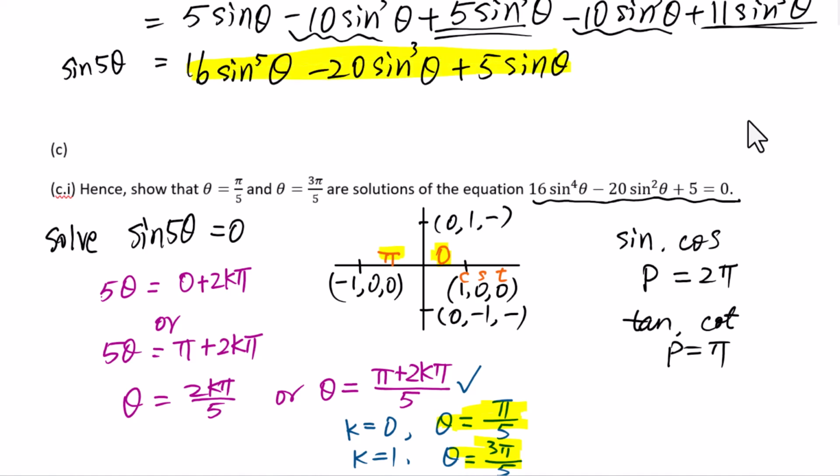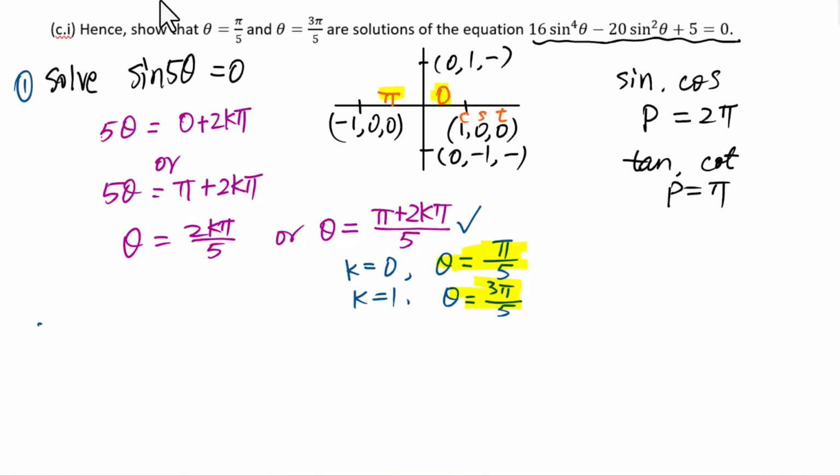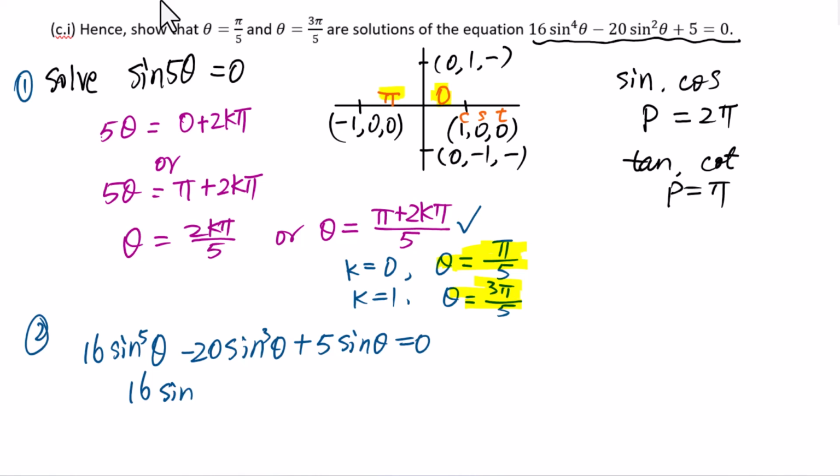So we get 16 sin^5 θ minus 20 sin^3 θ plus 5 sin θ equals 0. Divide by sin θ on both sides, and we got 16 sin^4 θ minus 20 sin^2 θ plus 5 equals 0.